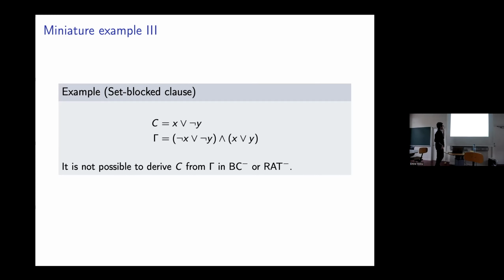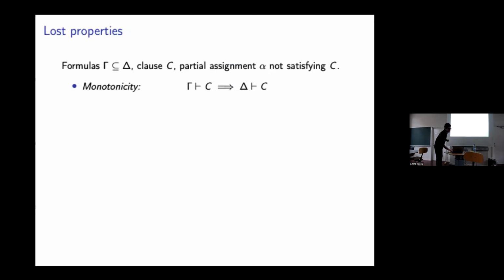So you can see also maybe that this idea can be useful for separating the two proof systems, like SBC from BC minus or SBC from RAT minus, in that you could construct something where SBC is quickly refuting a formula by adding some clauses, which the others cannot even derive.